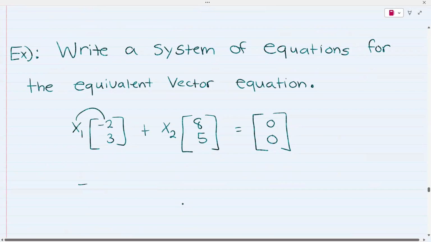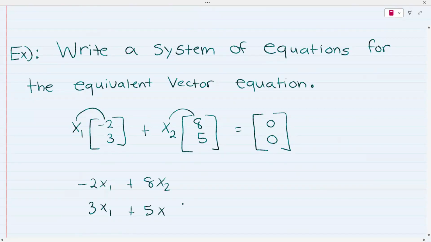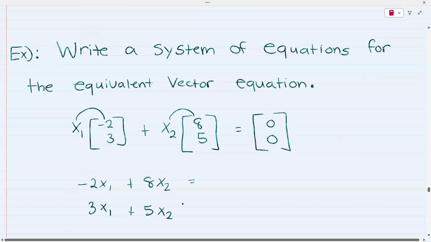So this would be -2x1, and then this would be 3x1. And then for x2, this would be 8x2 plus 5x2 equals 0. So this is your system of equations. So this would be your answer.